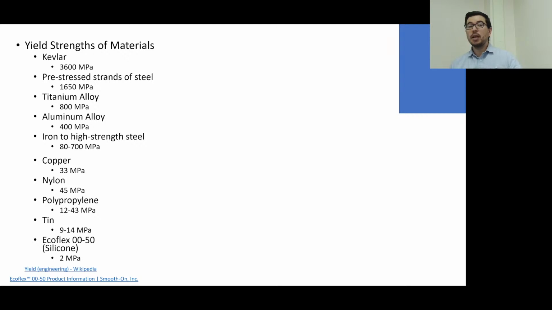Because it has an extremely high yield strength. And it's often not used by itself. In fabrics it can be, but a lot of times Kevlar, carbon fiber, glass fiber, they're used in epoxy composites, and we've mentioned that before.